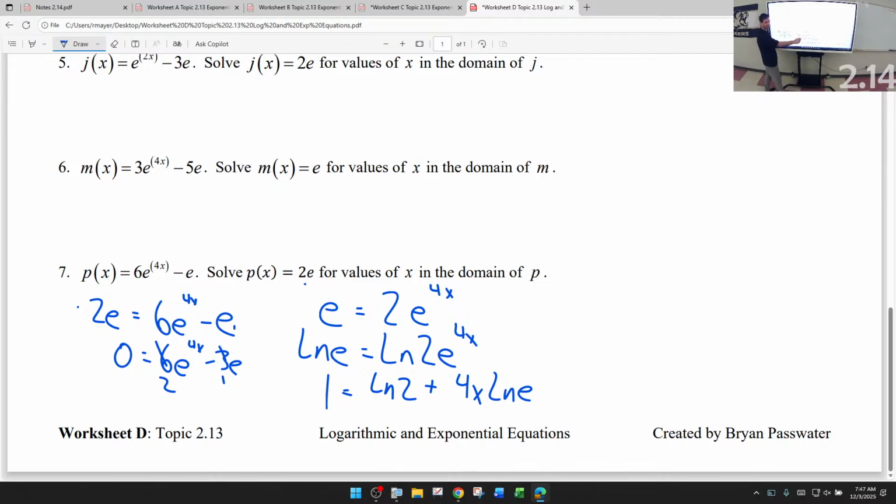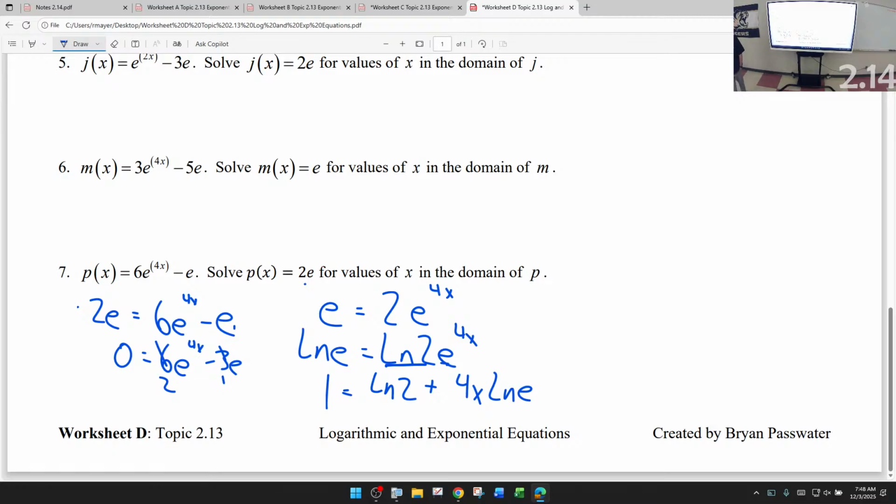You can't do that because only the e is to the 4x, not the 2. So that's why you have to split this up into 2 separate ones, because that's 2 times e to the 4x. I can split that up into the natural log of 2 and the natural log of e to the 4x. And then I can put the 4x in front. There's a lot of catches on that.